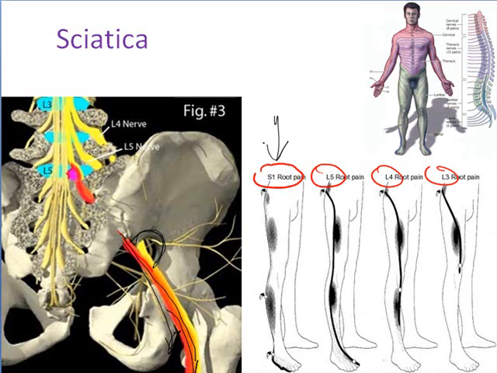So you can see, for example, in S1 root pain, these areas in black on the posterior sides of the leg would be the more common locations for the sciatica. Whereas if it were L3, for example, the patient would experience sensations of pain or numbness on the anterior part of the thigh. And you get intermediates for L5 and L4 that include both the thigh and the lower leg. We'll learn more about the kinds of irritants that can cause the pain of sciatica and a little bit more about the different types of symptoms of sciatica in the podcast.